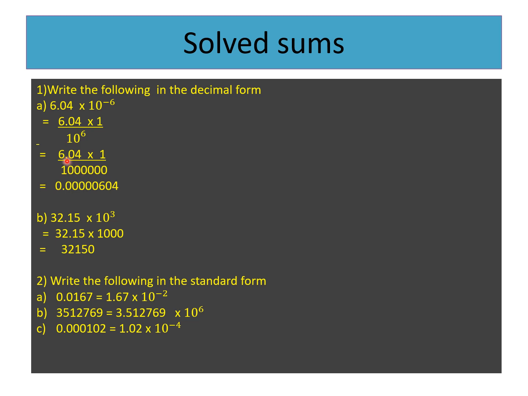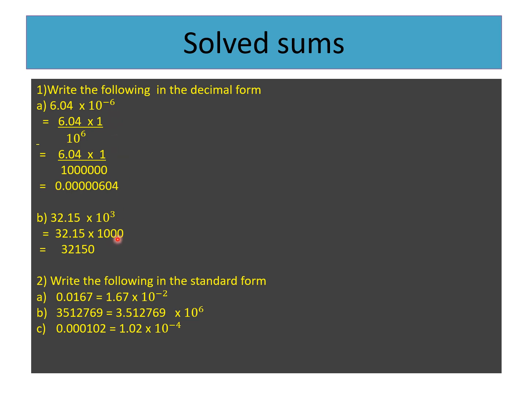So you should keep the point before 6 digits. Already 6 is here. So 5 zeros are needed to keep the point before 6 digits. So we'll get the answer as 0.00000604, where we got the decimal form from the standard form.